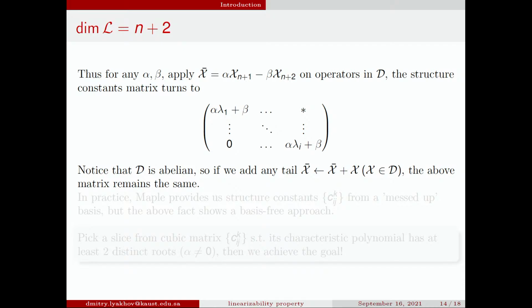The last fact we need is that we already know this derived algebra is abelian, which means if we add any tail to X bar, the tail coming from the derived algebra itself, then when you take the bracket, since it's abelian, the tail will not influence the result, and the structure constants will not change. So if you still apply this X bar, this matrix remains the same.